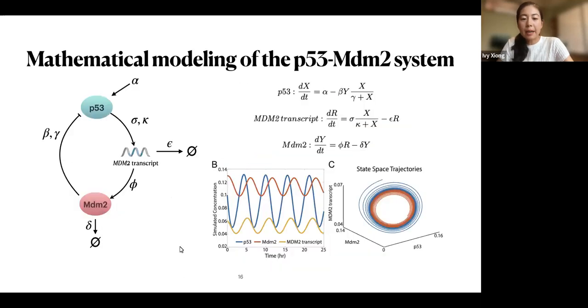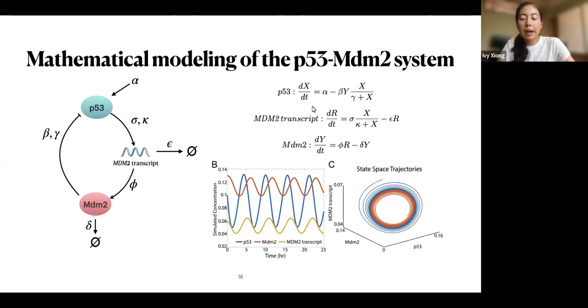So I took one of the models that the Hopf lab have characterized through real experimental data, and then tried to see how different mutations in the P53 pathway would impact the dynamic behavior of the system.